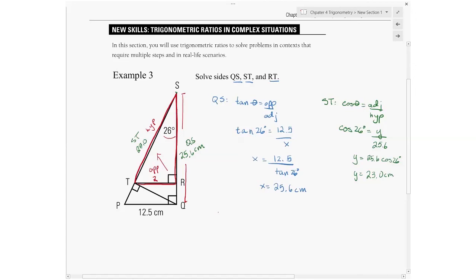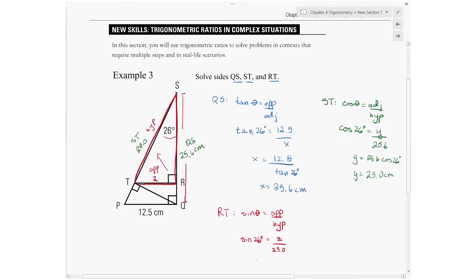So I want RT. Sine theta is equal to opposite over hypotenuse. So sine 26 degrees is equal to opposite, Z, over the hypotenuse, 23.0.